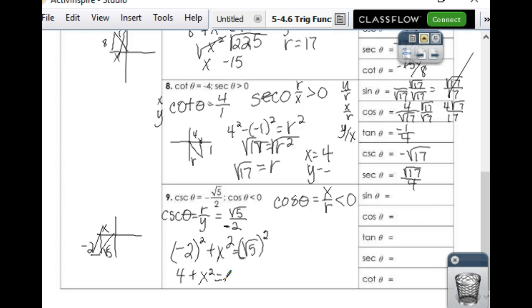So the square root of 5 squared, what does that equal? 5. So if I subtract the 4, I have x squared equals 1. What did we decide x had to be? Negative. Is that short?